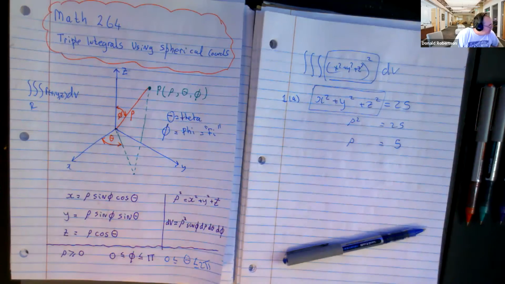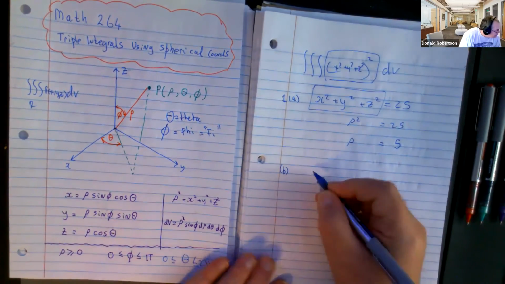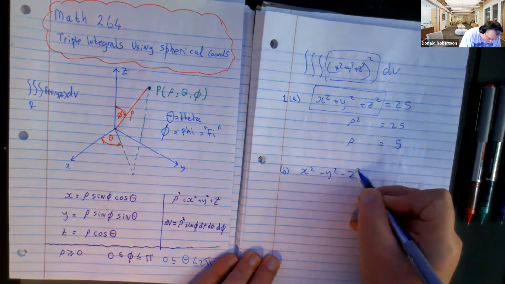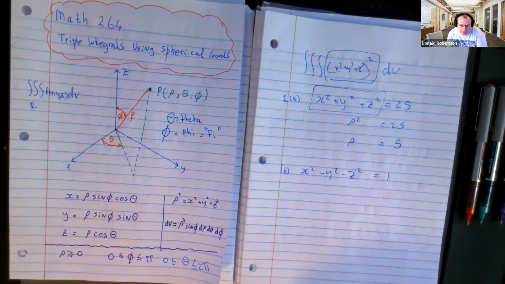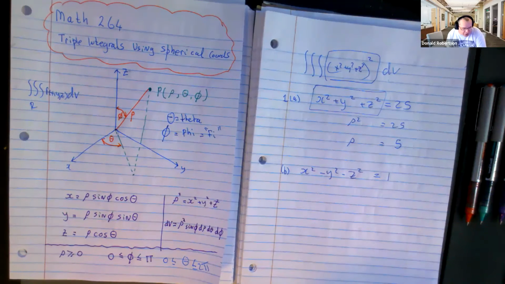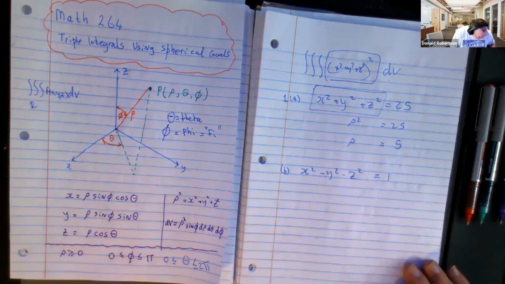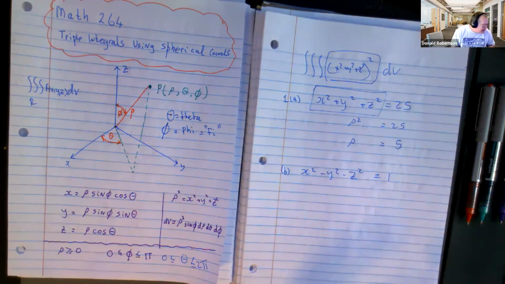Now, the next one is not pretty, and some questions just aren't. If you don't get anything pretty, you just get a random combination of x's, y's, and z's, then turning that into its polar equivalent really just becomes trying your best to convert everything into rho, phi, and theta, and with a bit of trig, make it as nice as you can.